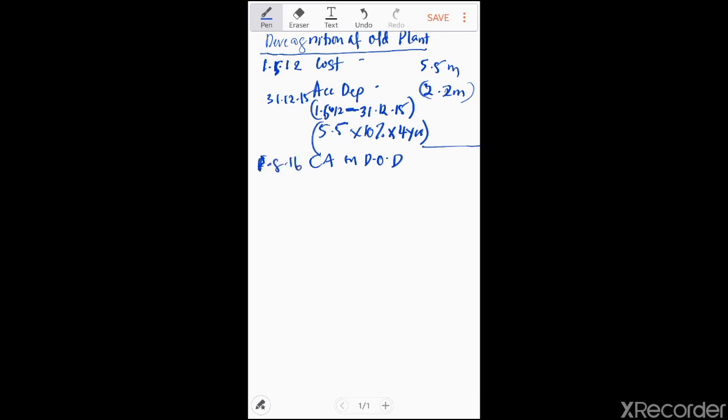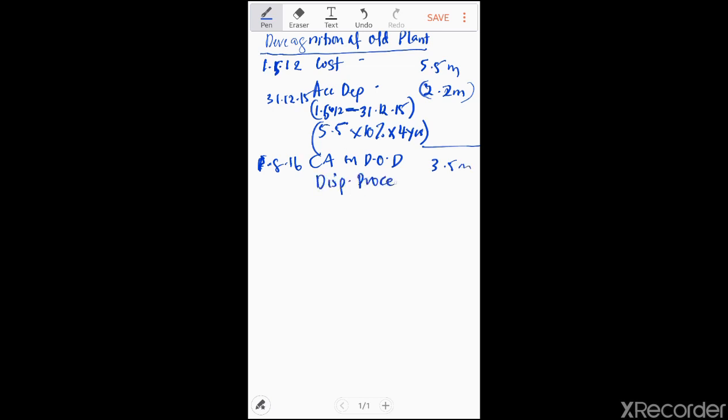16. Remember in 2016 there is no depreciation for the asset that is being derecognized. So this one is 3.5 million. You will compare with the disposal proceed.